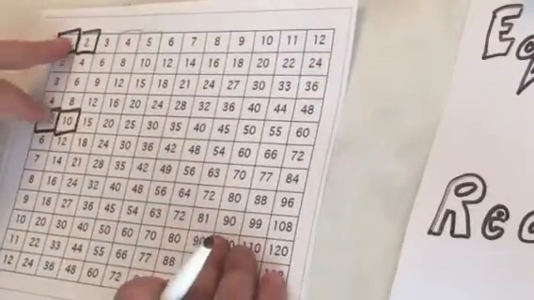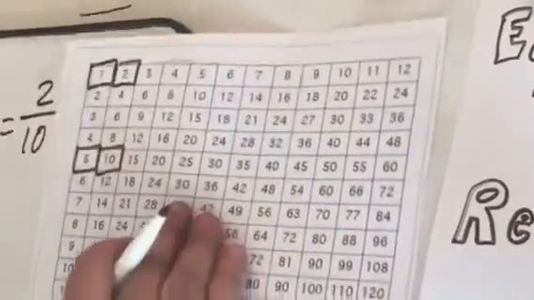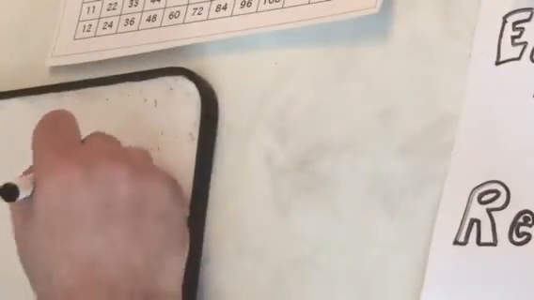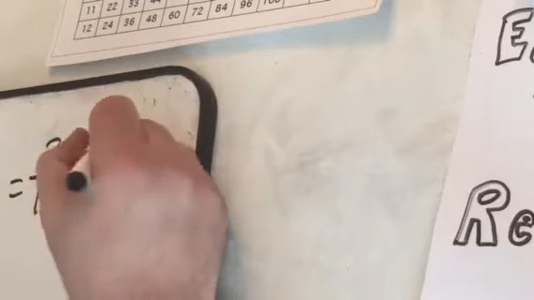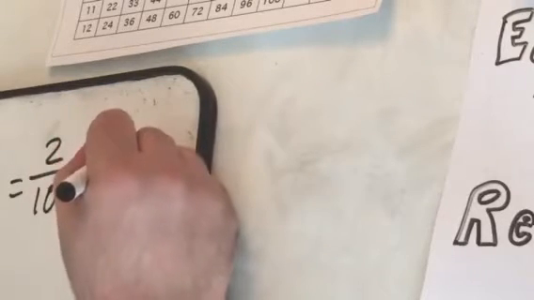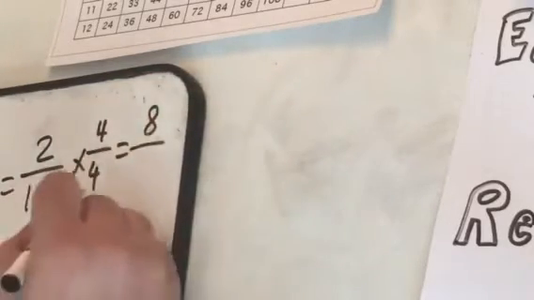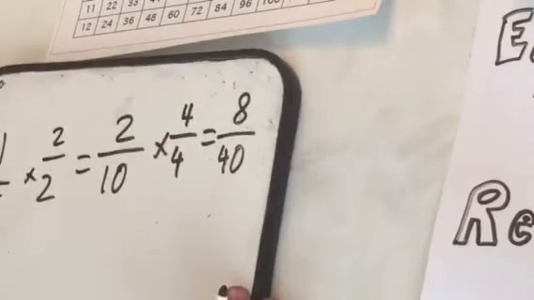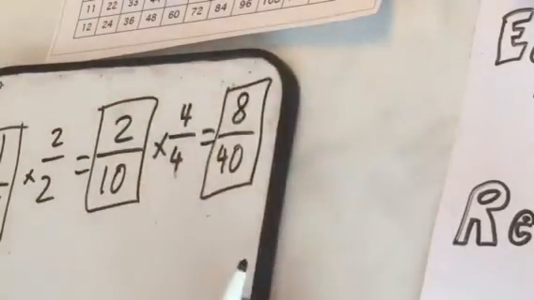So 1/5 is going to be the same as 2/10. The same is true if we keep going. If we multiply this times 4, well, 2 times 4 is 8, and 10 times 4 is 40. So 1/5 is going to be the same as 2/10 is the same as 8/40.